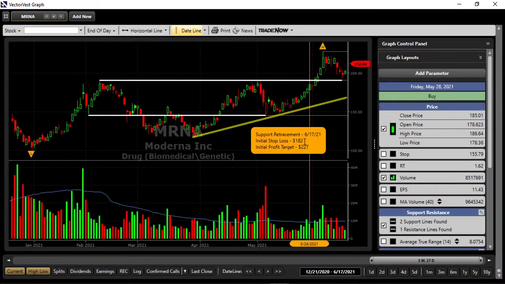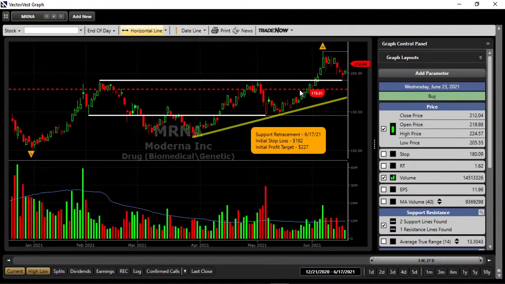I actually used 2 ATR, okay, which happened to be at about 182 bucks, right below support. So I put my initial stop loss right below support. Now 2 ATR wound up being right below support, so it worked out perfectly.